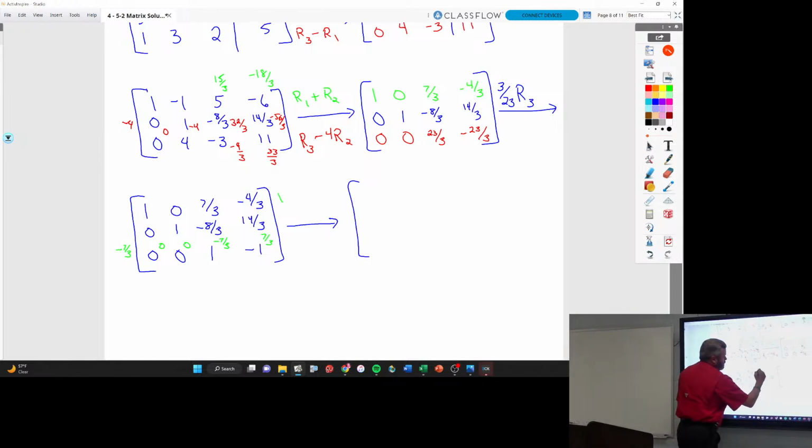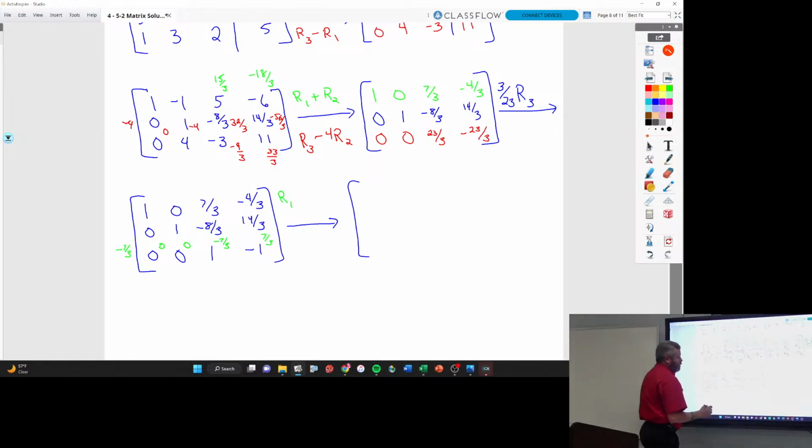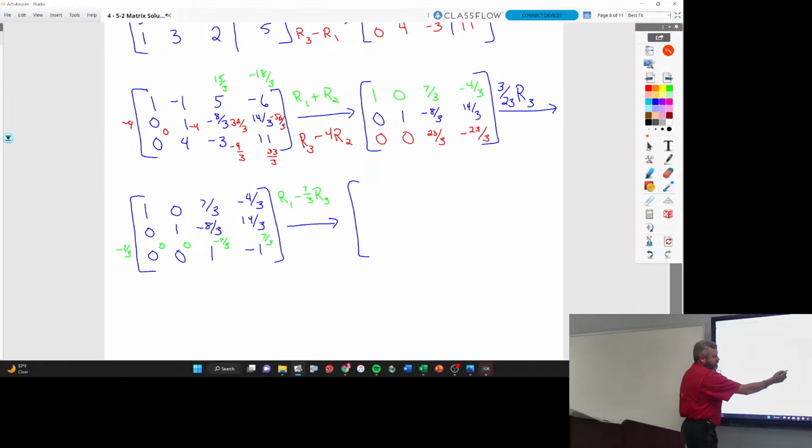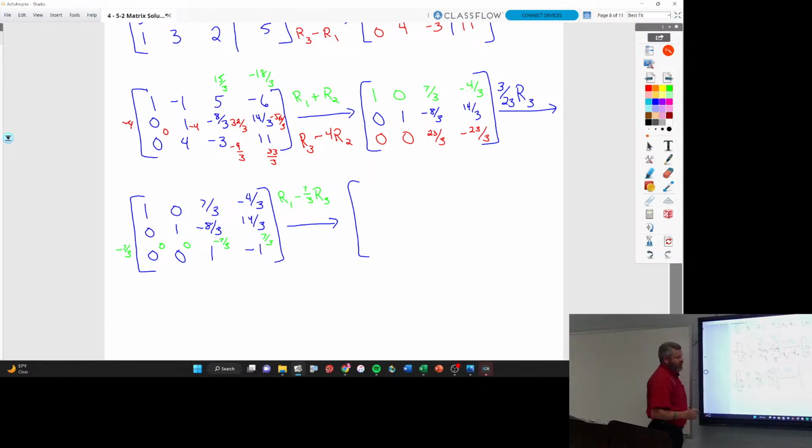So row 1 is now being replaced. I'm going to take row 1 and subtract 7 thirds of row 3. And again, that just means take row 1 and combine it with my green row 3 here.